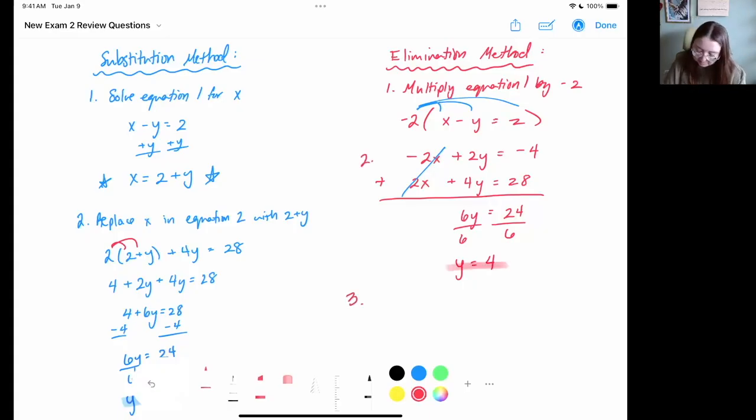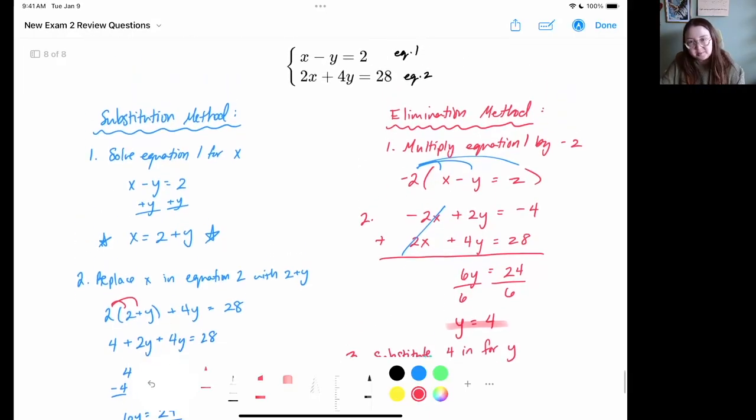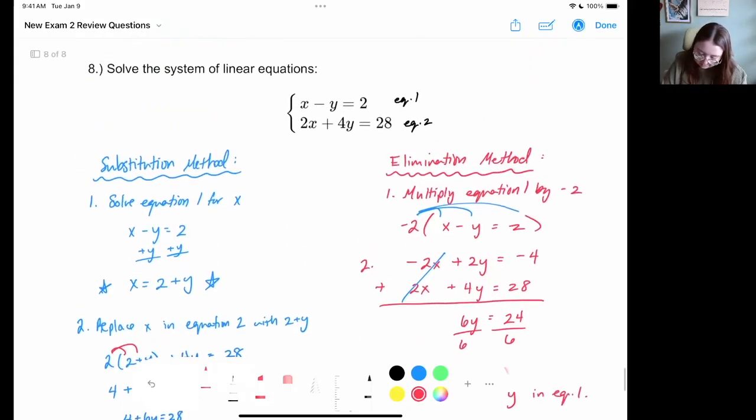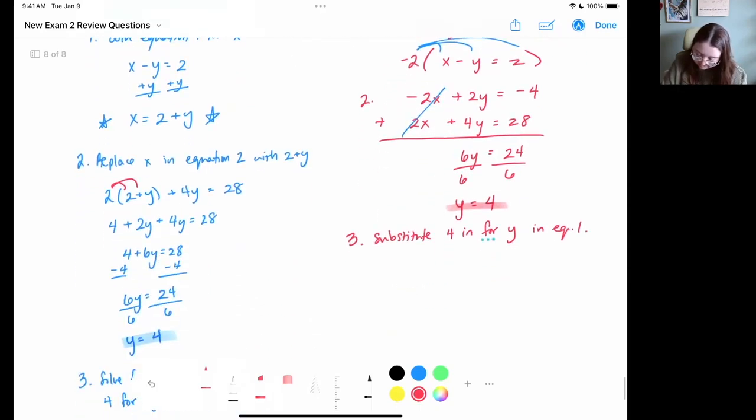And then lastly, step 3 is just to substitute 4 in for y in either equation 1 or equation 2. It doesn't matter which one you choose. Let's go ahead and do equation 1. That one's a little bit easier. So in equation 1, we've got x minus y equals 2.